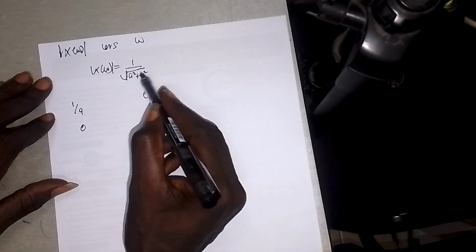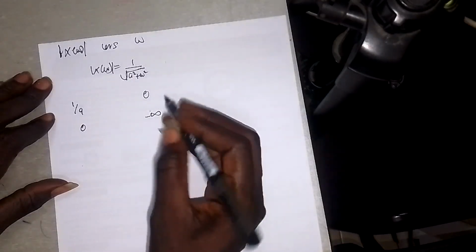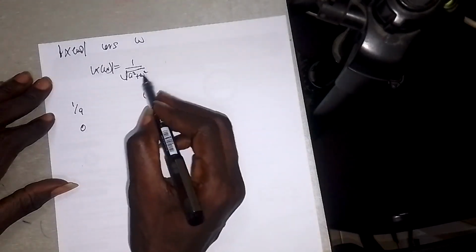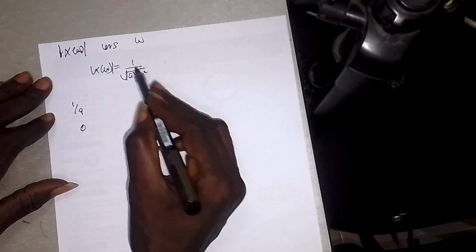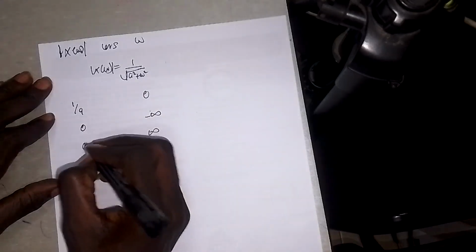So 1 divided by the root of infinity squared will be what? 0. And if omega is infinity, then infinity squared plus a squared becomes infinity squared, and 1 divided by infinity squared will be 0. Okay, this is what we're going to get.